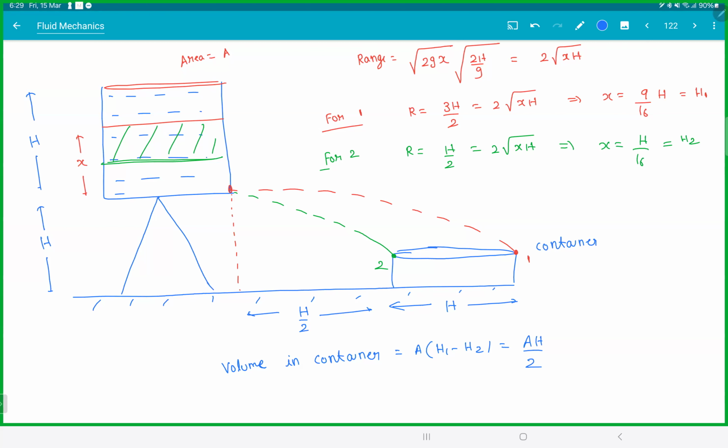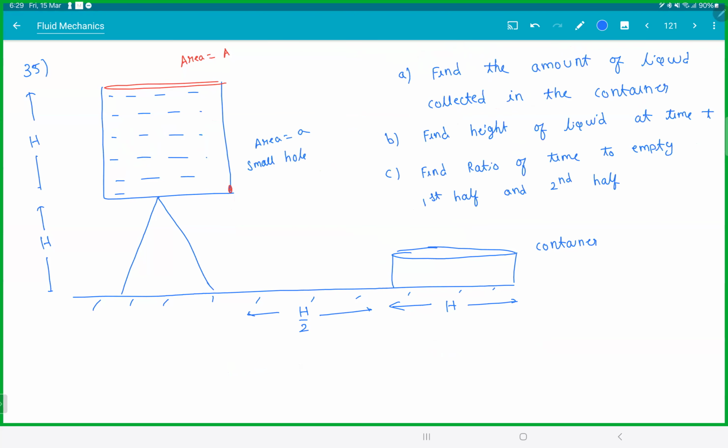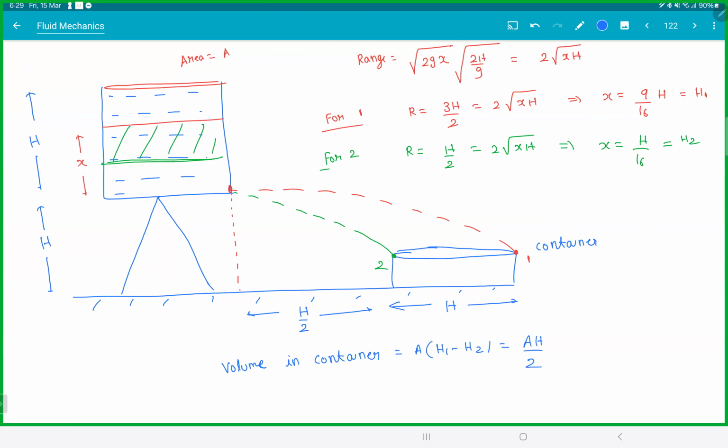The second part of the question. Find the height of the liquid as a function of time t. Get that? You got a minute. If you got the second part, you'll get the third part. And the third part is actually a question in the mains. Find the ratio of time taken for the first half and the second half.